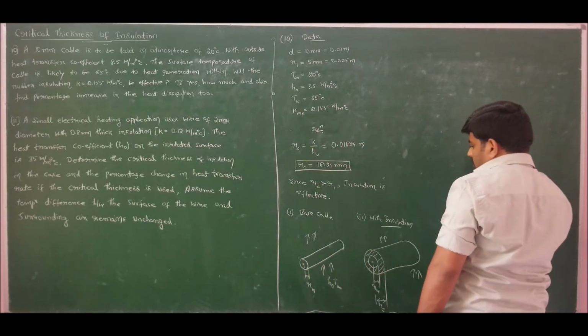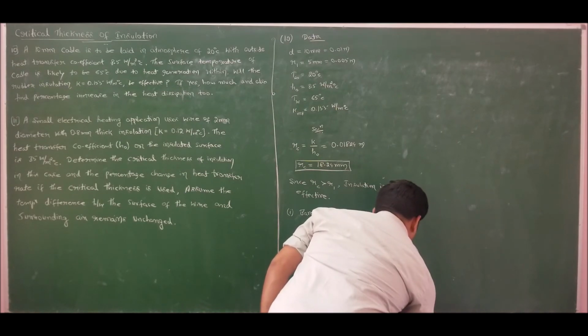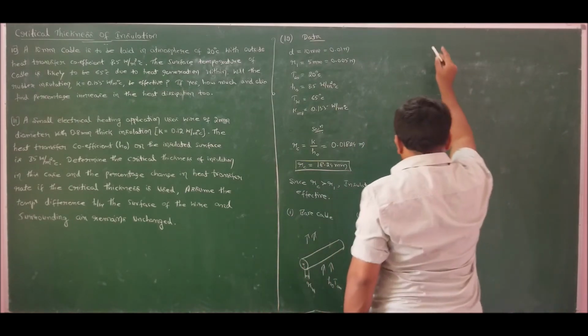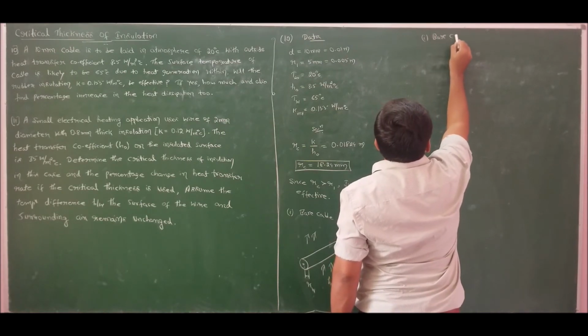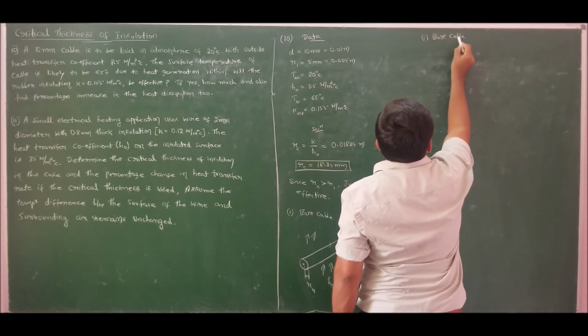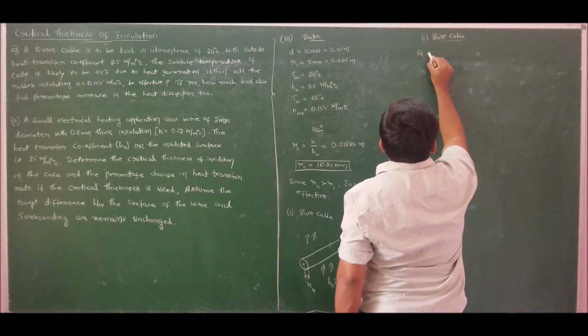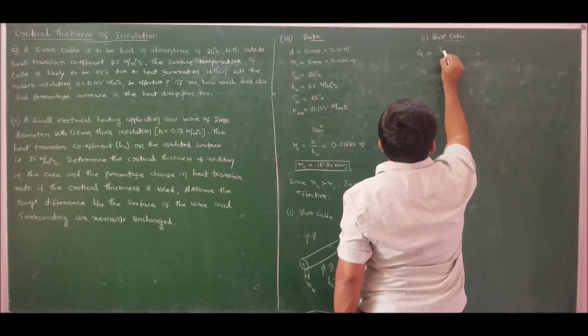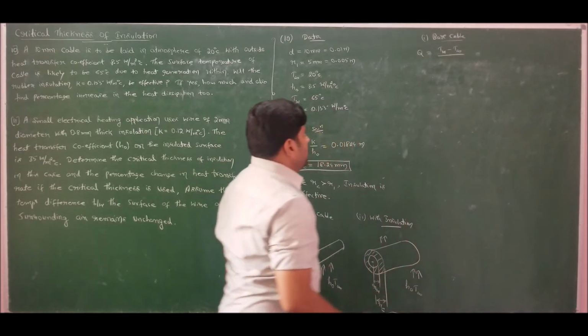Now if I solve this problem, we have the convection also for both the cases. First let us solve for the bare cable. If I solve for the bare cable, the rate of heat loss or heat dissipation is given by T of wire minus T infinity divided by resistance.